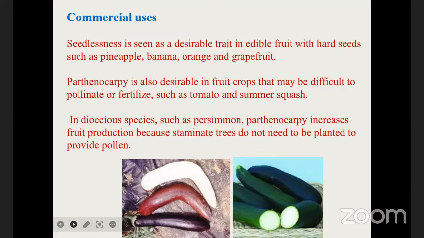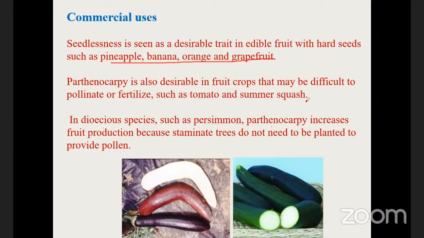You see the commercial use: seedless cucumbers, seedless banana, pineapple, orange, grapefruits. Seedless cucumbers, summer squash that we eat in the summer season. You see the seedless brinjal, seedless cucumber, seedless banana, seedless pineapple.